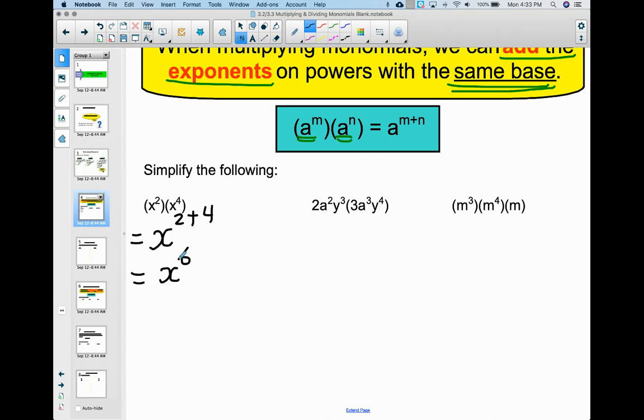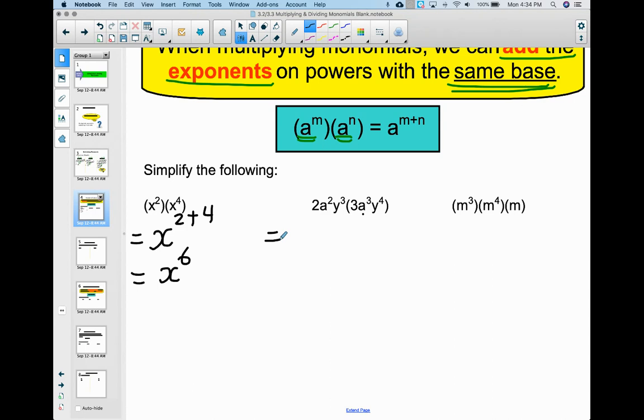Again, we have 2a squared y cubed times 3a cubed y to the power of 4. If you remember from our previous lessons, you have to multiply the numbers with the numbers and the variables with the variables, whatever the operation is in between.